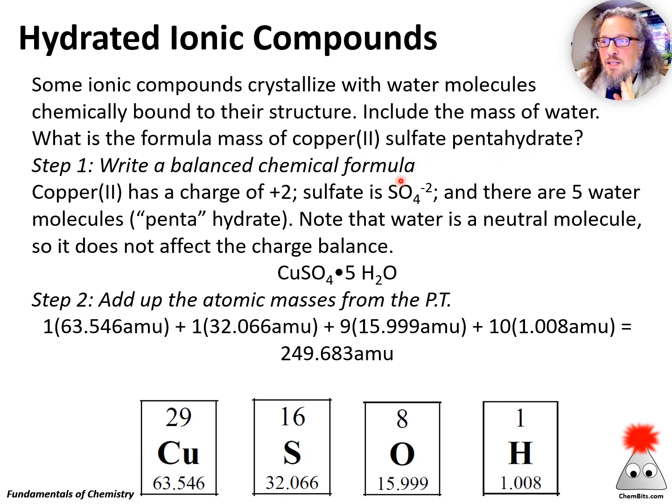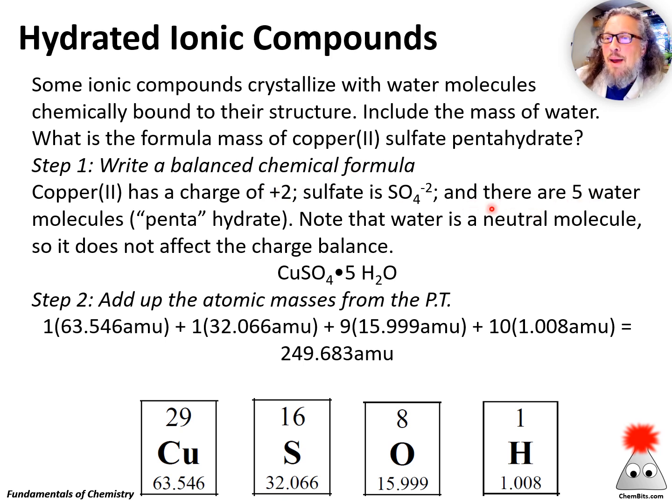So write a balanced chemical formula. Copper(II), copper is one of those that can have multiple charges. Our Roman numeral 2 here designates that this has a charge of +2. Sulfate, another one of those polyatomic ions, SO4 -2, so +2 -2, that's pretty good.